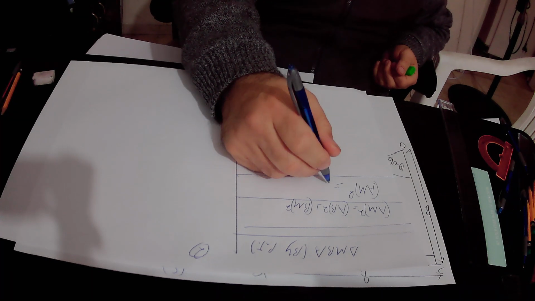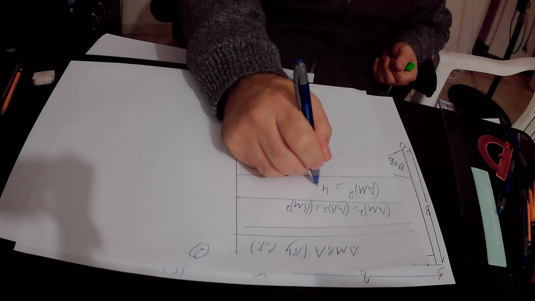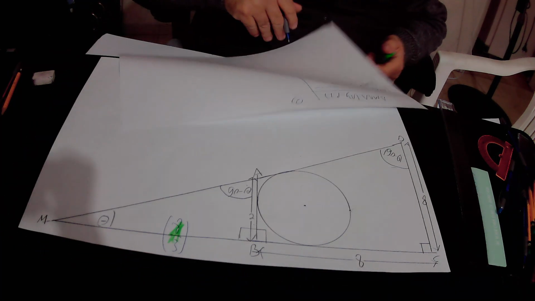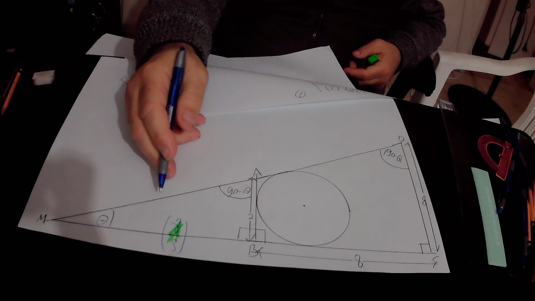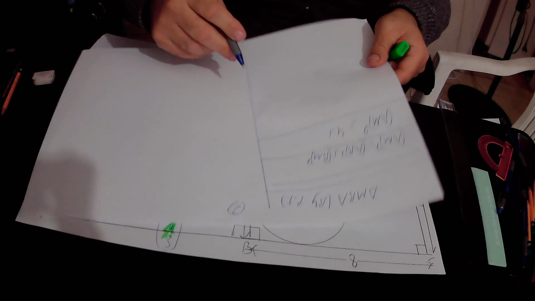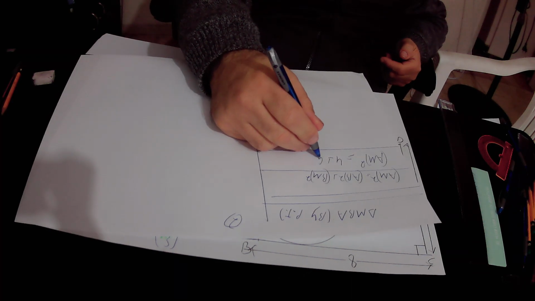AB is 2, therefore AB squared is 4, plus BM squared. BM is 8 over 3, therefore BM squared is 64 over 9.